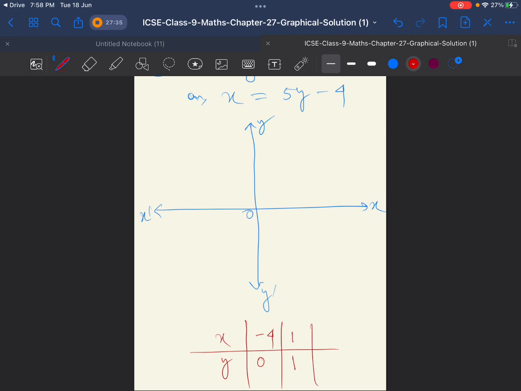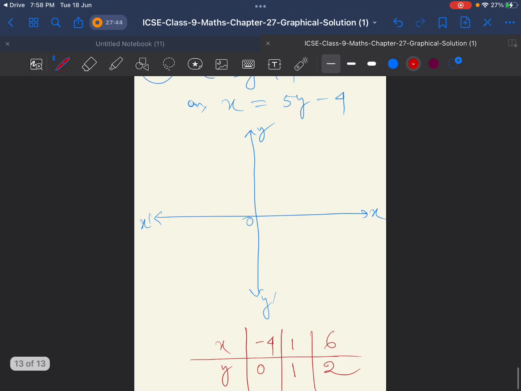When y = 0 then x is -4, when y = 1 then x is 1, when y = 2 then x is 6. Now we plot these points in the graph.